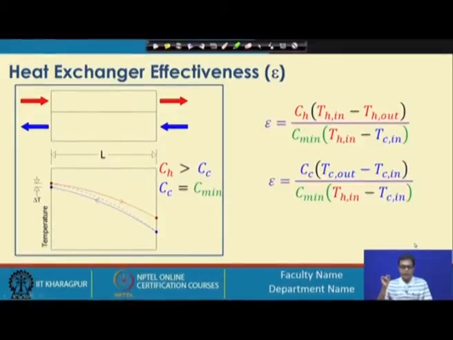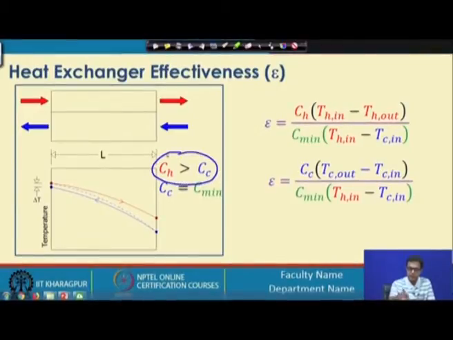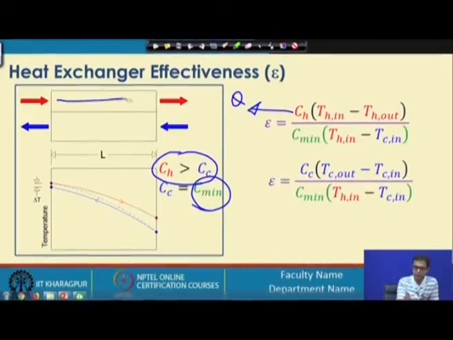In the first situation that we have considered, C H greater than C C, the cold fluid is the minimum capacity fluid, and in that case Q can be written as the hot fluid enthalpy change divided by the maximum enthalpy change that could have happened.